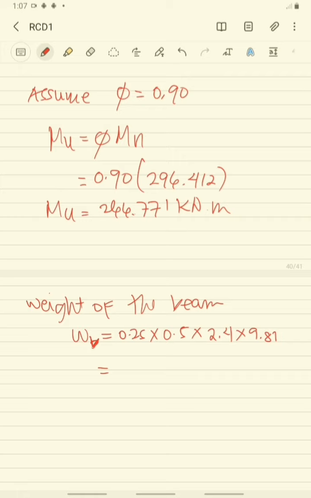So you have 2.943 kilonewton per meter. So this is the weight of the beam.